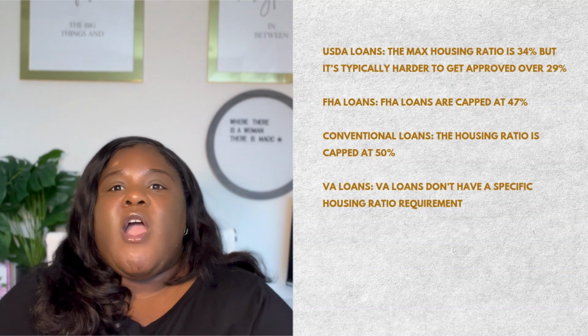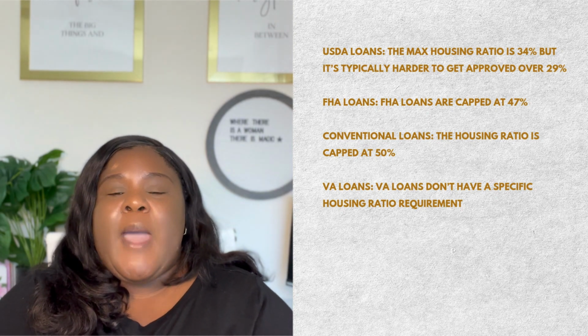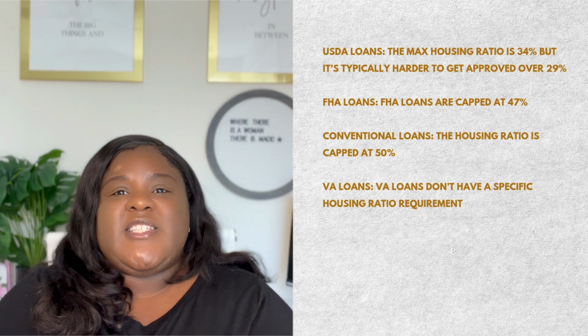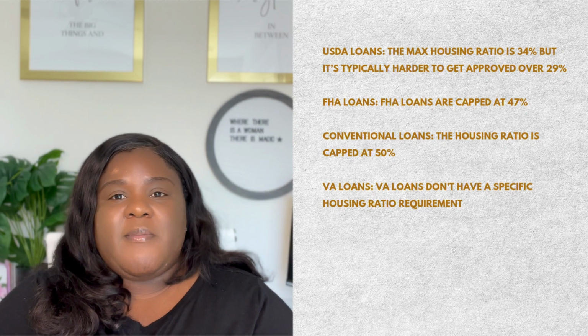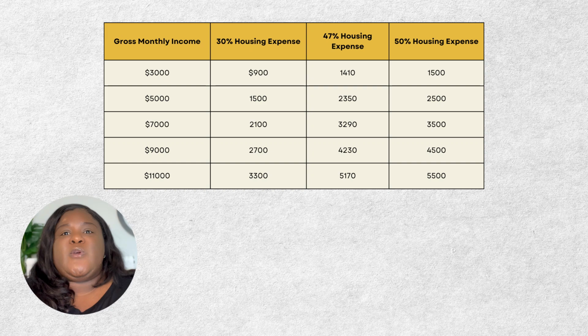FHA loans are capped at 47%, and conventional loans are capped at 50%. VA loans do not have any specific housing ratio requirements. Let's take a look at this chart to show examples of housing ratios based on different income levels. You can see there's a big difference in the payments when using a 47 or 50% housing ratio versus 30%.